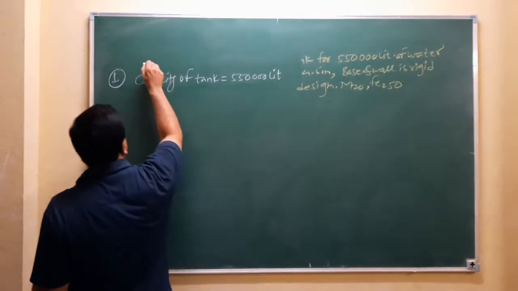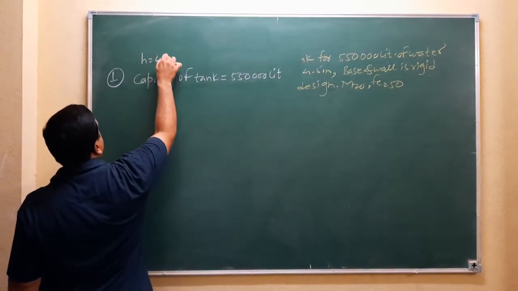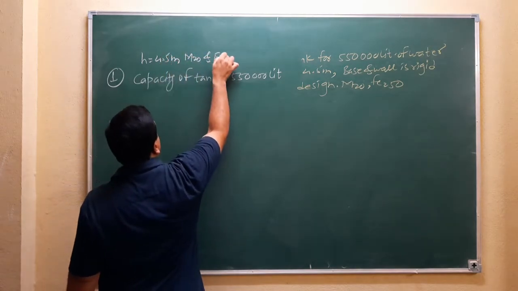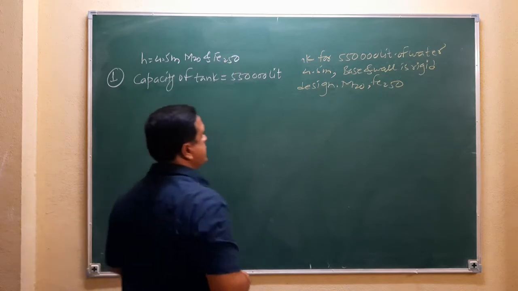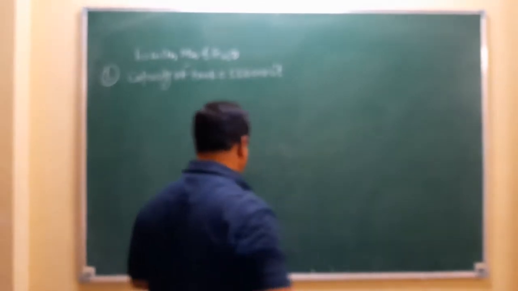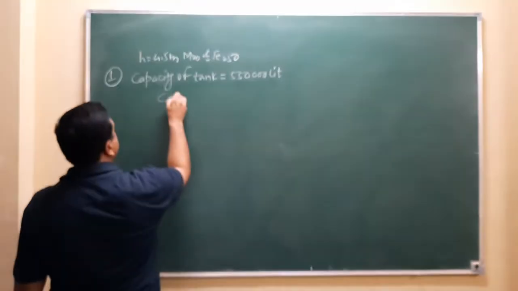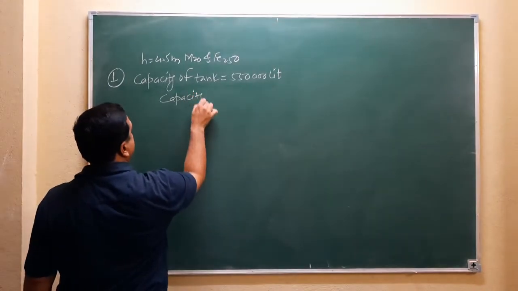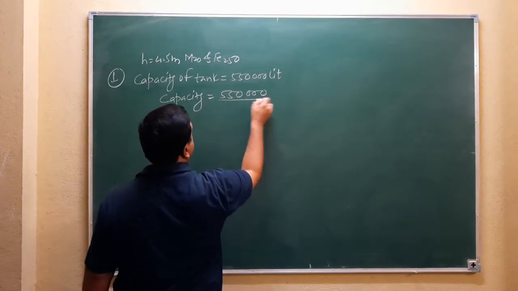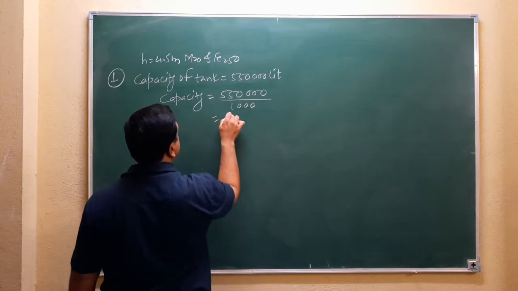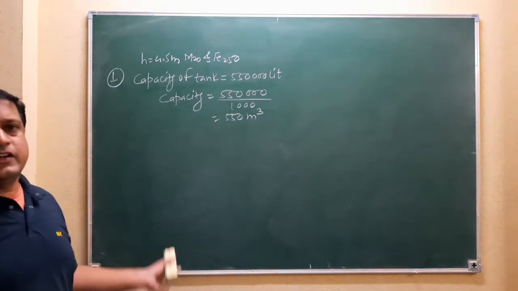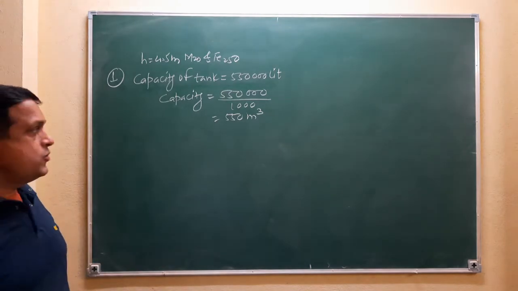Before that, I will write here height of water is 4.5 meter, and we use the M20 and Fe250 combination. So what is the capacity in meter cube? Capacity in meter cube is 5,50,000 liters divided by 1,000. It is 550 meter cube. So this is the capacity of the tank in meter cube.